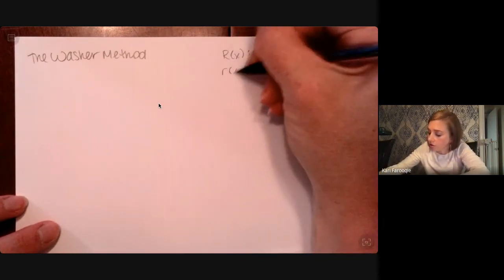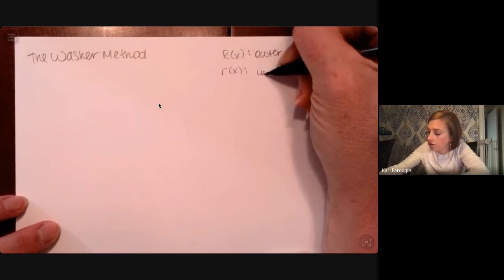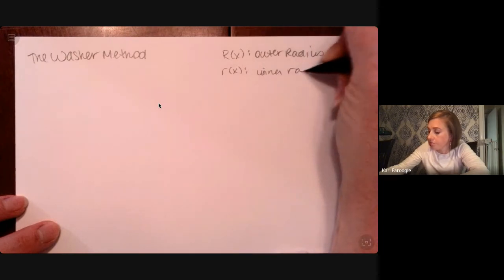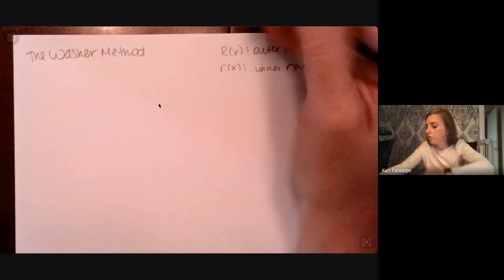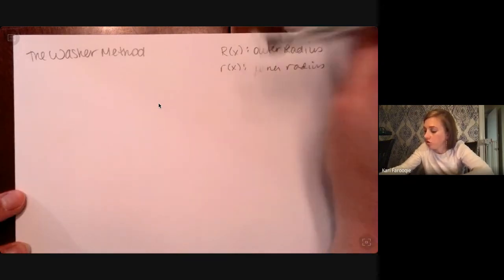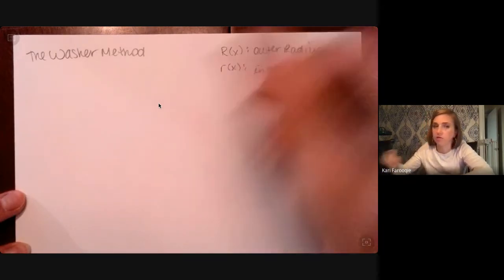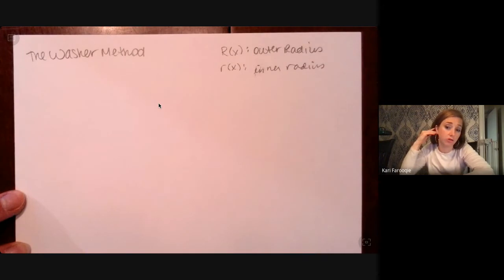Little r of X is going to denote the inner radius. And I had mentioned before, if you are using your book's notation, they're calling the outer radius f of X and the inner radius g of X. And it is fine if you want to use that notation. I do not have a problem with it.